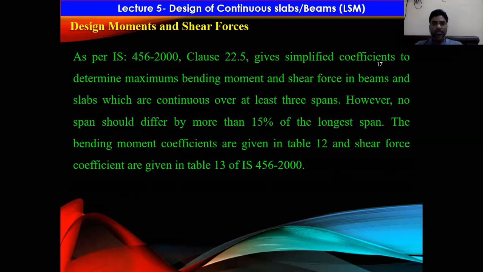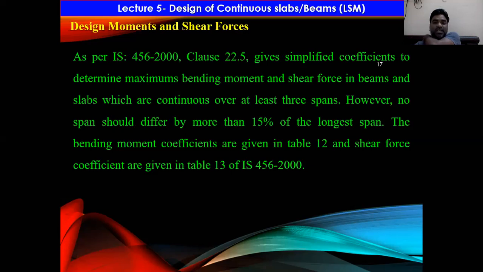However, no span should differ by more than 15% of the longest span. The bending moment coefficients are given in Table 12, and shear force coefficients are given in Table 13 as per IS 456-2000, right?